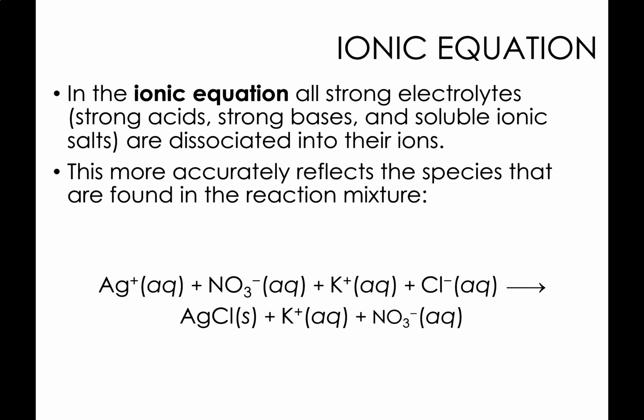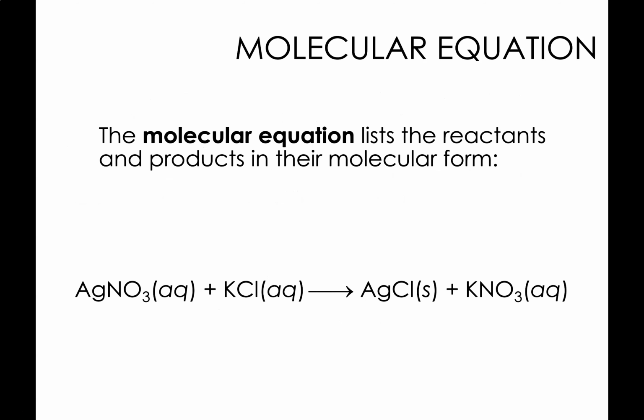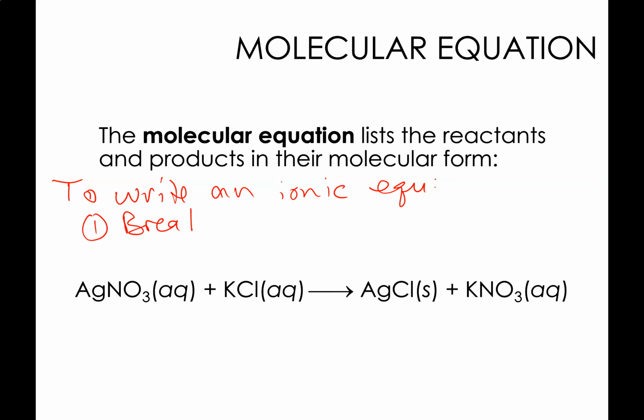In order to write out an ionic equation, we're going to take that molecular equation and break it up into its individual ions. We're going to write out some rules. You're going to break the ionic compounds down first into cation and anion.